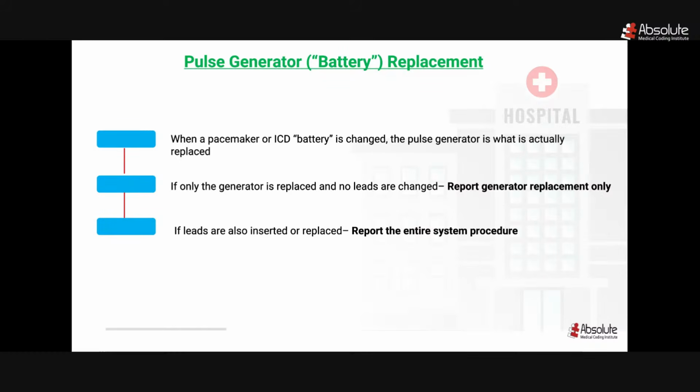So when a battery is changed, it is the pulse generator which is changed or replaced, and not the entire system. If only the pulse generator or only the battery is replaced and no leads are changed, report generator replacement only. And if the leads are also inserted and replaced along with the battery, you report for the entire system.